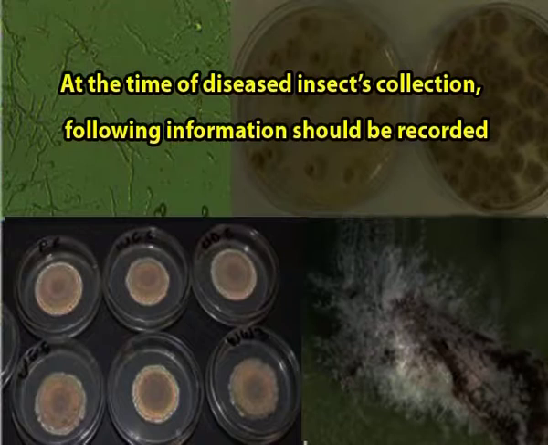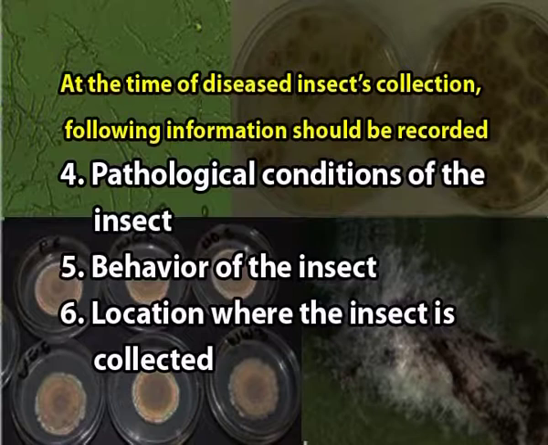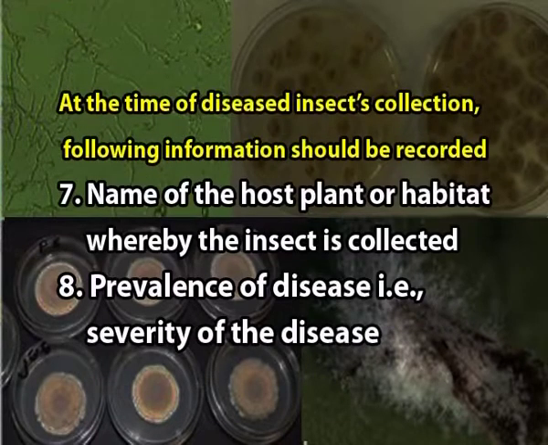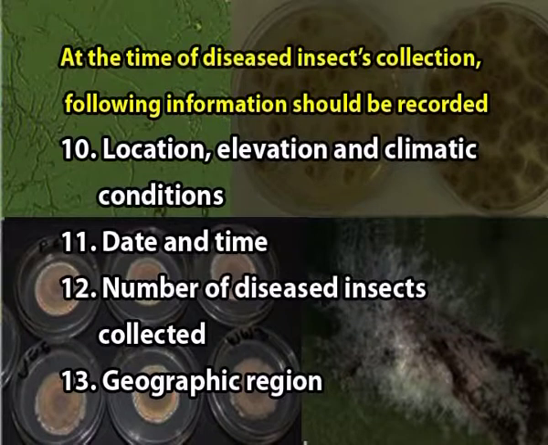At the time of diseased insect collection, the following information should be recorded: name of the insect, genus or species name of the insect if possible, stage of the insect, for example adult, egg, larva or pupa, pathological conditions of the insect, behavior of the insect, location where the insect is collected, name of the host plant or habitat whereby the insect is collected, prevalence of disease, that is the severity of the disease, additional information pertaining to specific pathogen groups, for example bacteria, virus, fungi, protozoa, nematodes, etc., location, elevation and climatic conditions, date and time, number of diseased insects collected, geographic region, as well as important details of the sampling procedures used.